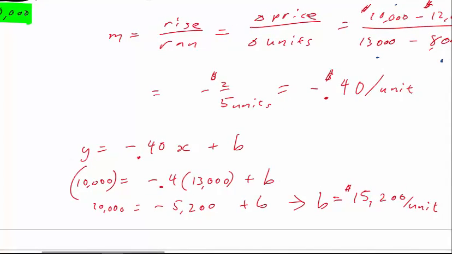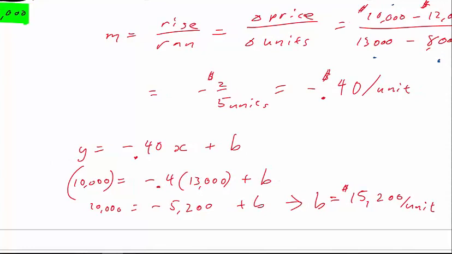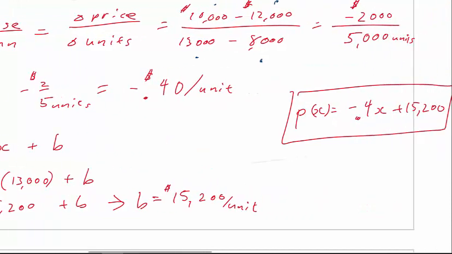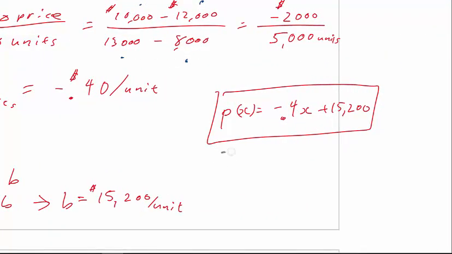When we do that, we find that b equals $15,200 per unit. And so we put our model together, and this right here is the model that we were looking for. It's nice, you can just put in the number of units that are available, and then you'll see what your market is willing to bear. In this case, students willing to pay rent.